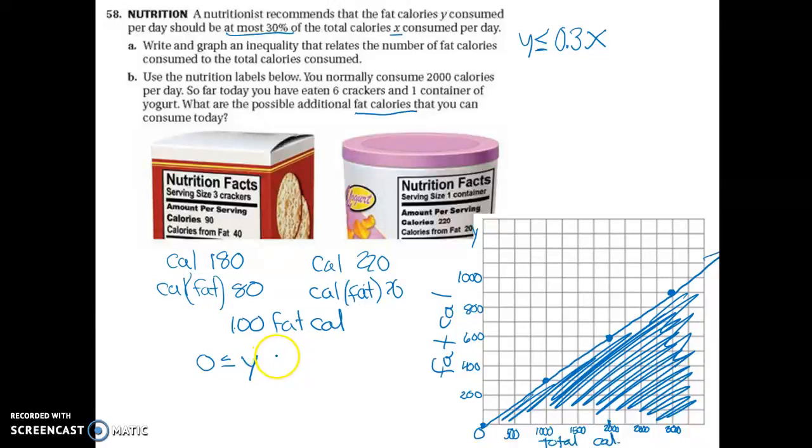So you could have 0 all the way up to, since you already had 100, now you only have 500 to go. So that would be anything on this line or below it, because you have already eaten your 100 fat calories. So these are the possibilities you could have left for your fat calories. This answers both questions to number 58.